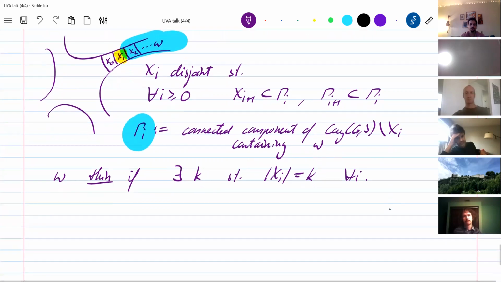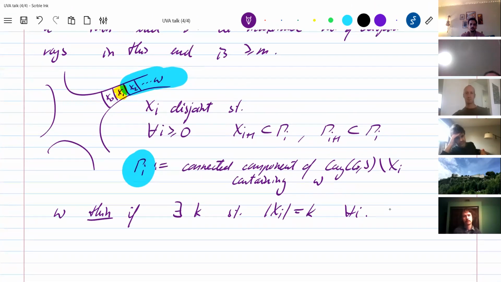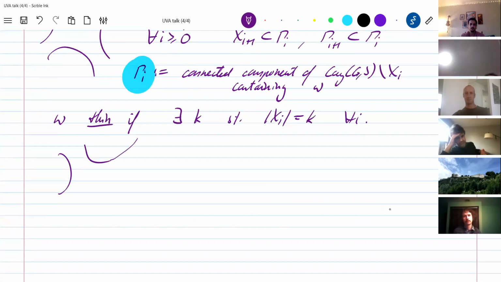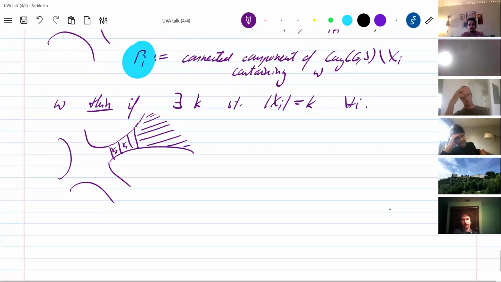Okay, so essentially it means that we're getting really something like this, where we can slice up into pieces that are kind of equal size, and we're not getting something like this, where if I start defining these sets, at some point I'm not going to be able to disconnect the rest of this end from the rest of the graph using something small, right? So my end isn't getting fatter and fatter in some sense, it's thin, okay?